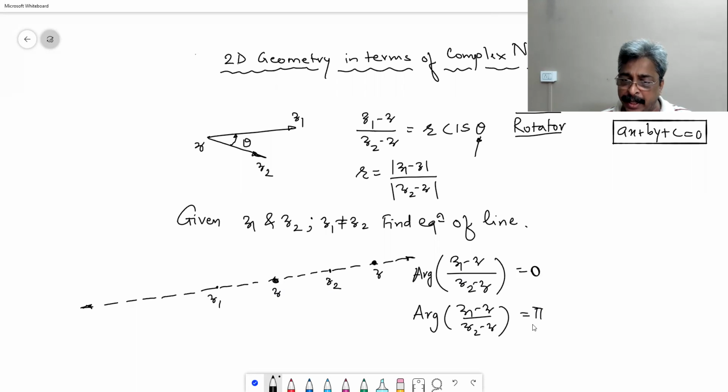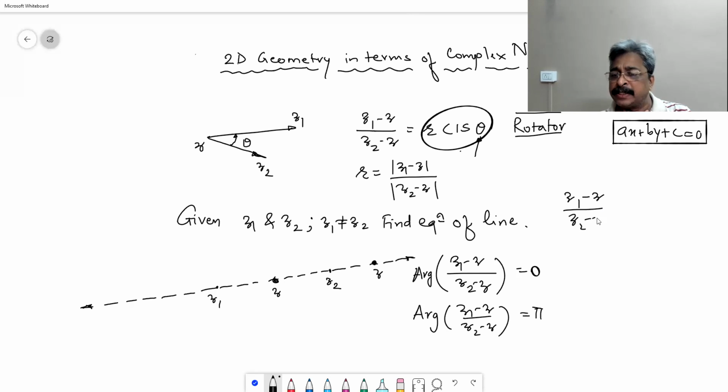Okay. So if the point has to be collinear with z1 and z2, either the argument should be 0 or pi. But if we consider any rotator whose argument is either 0 or pi, then what is that rotator? It's a real number. Therefore, (z1 minus z) upon (z2 minus z) is a real number.